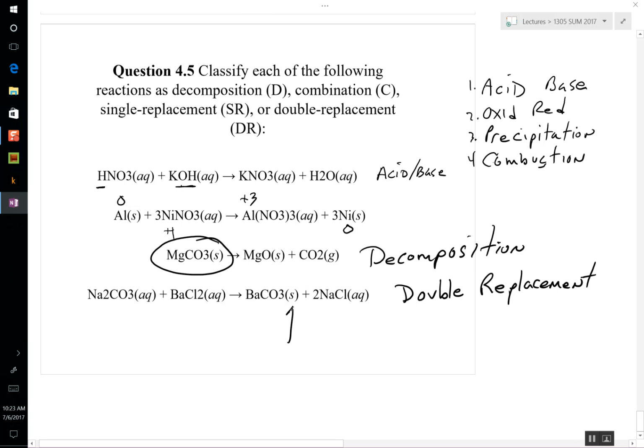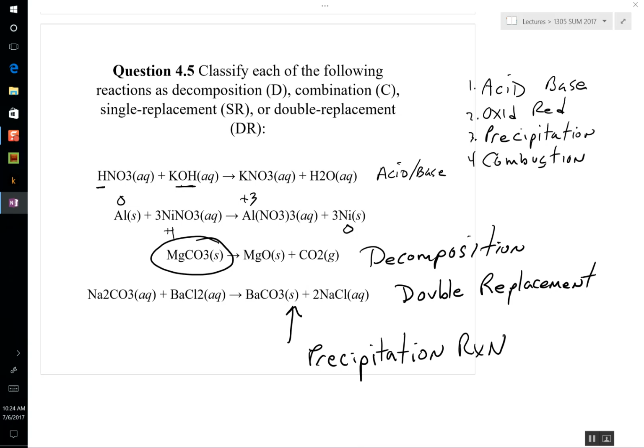So this right here is telling you it's a precipitation reaction. We don't have an acid and a base. We have two salts that are soluble in water being mixed together, forming a precipitate and leaving sodium chloride still soluble in the water.